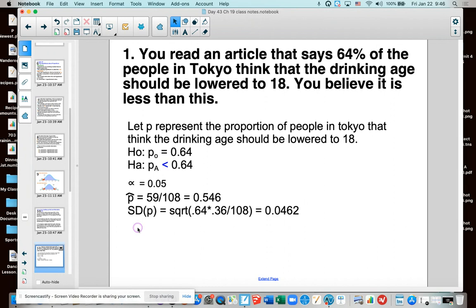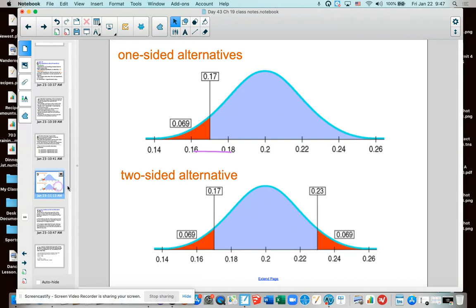All right, so to go along with that, I need my standard deviation. Now, here's the weird part. We don't use the standard deviation from the sample. We actually use the standard deviation from the null hypothesis. Why? Well, because I'm assuming this is true to begin with. So if this is true, then the center of my normal curve is that null, and the standard deviation I should be using comes from the null.